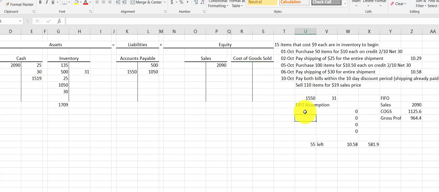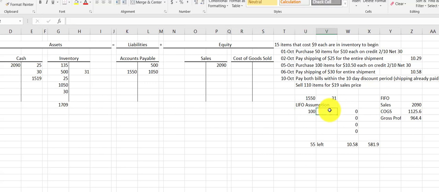So if we were to use a LIFO assumption, when we sell 110 items for $19, the sales price is still the same. Still sales in cash for $20.90. But when we sell the newest items, the last ones in, that means we're going to sell 100, right? Because what's the newest ones? These ones right here, right? The 100.